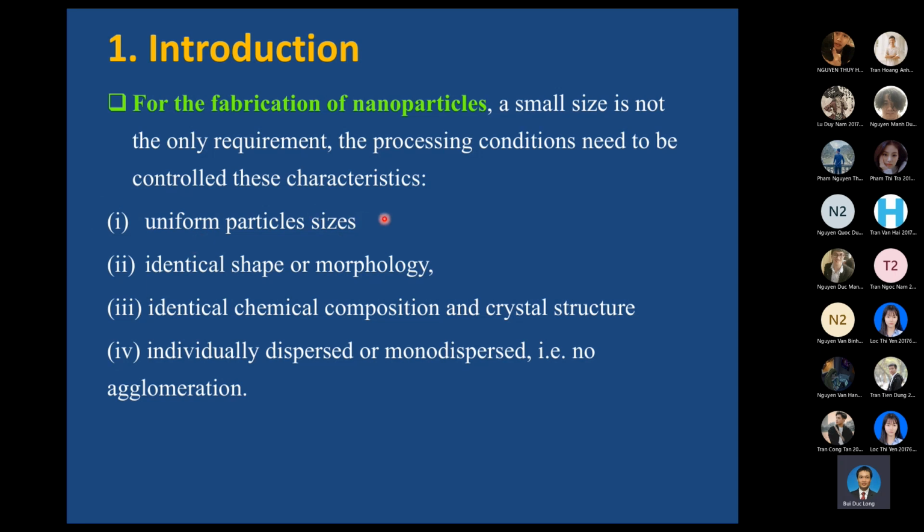The second thing you have to take into account is identical shape or morphology. We want all the materials to have the same shape or morphology, because it has an effect on the property, as I mentioned before.